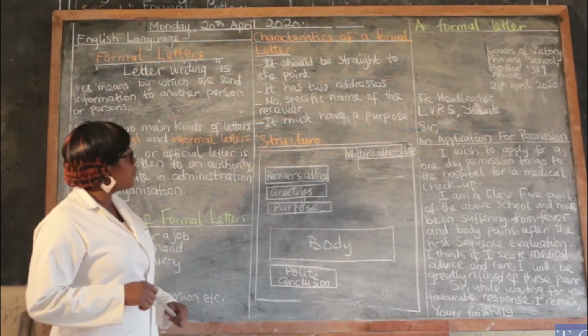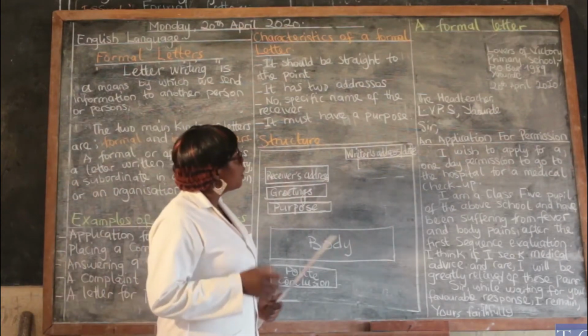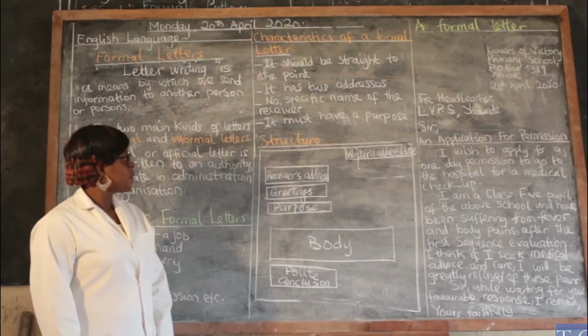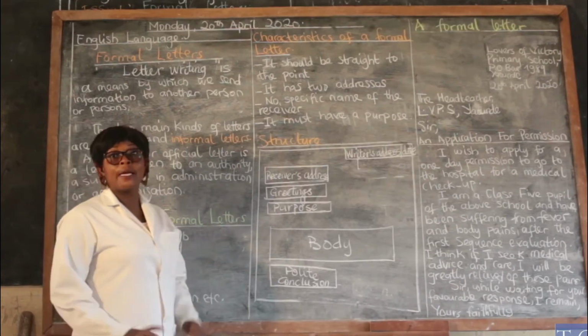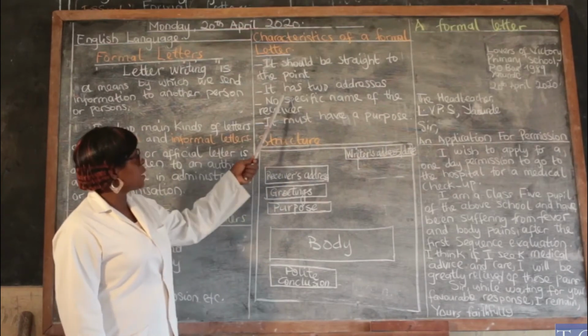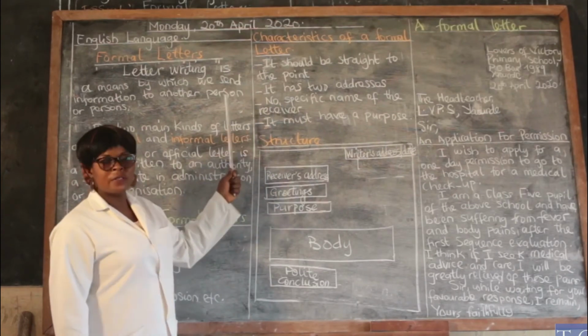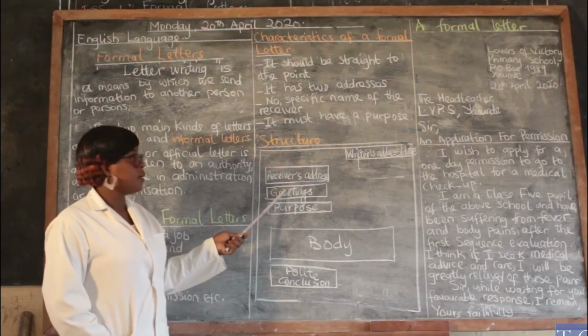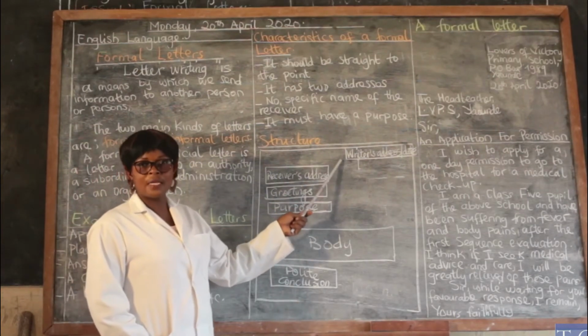We are going to have a sample letter. Here is a sample letter on a formal letter. Here we have the structure of the formal letter. From what I've just said on the characteristics, you have more on the structure of the formal letter. First, you have the writer's address.